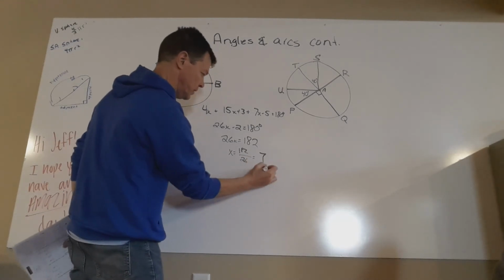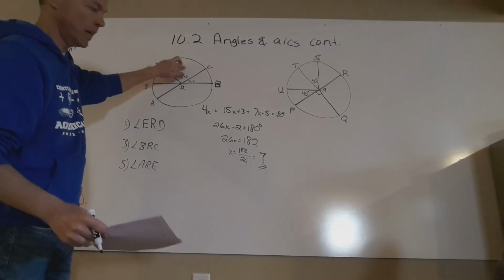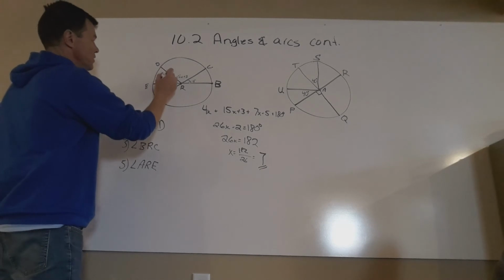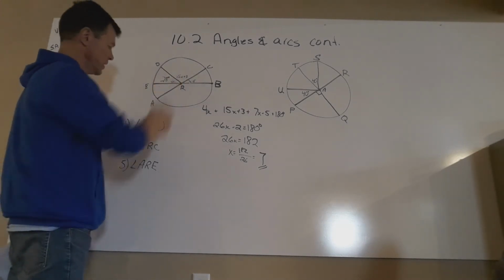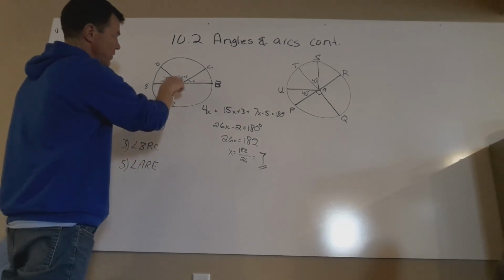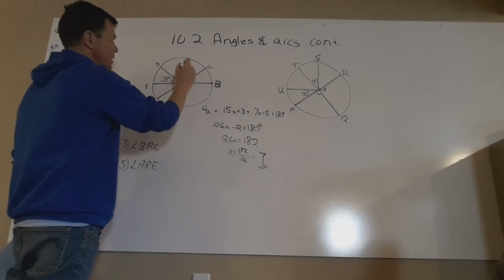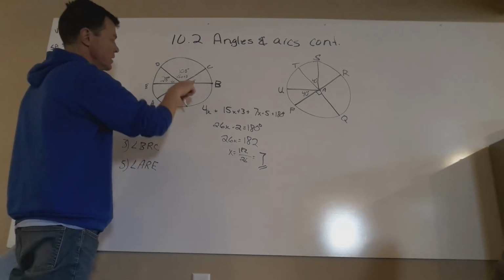X equals 7. All right, so plug in 7 and then we can calculate what each of these angle measures are. 4 times 7, that's 28 degrees. Fill all these in and it just makes your work so much easier. 15 times 7, 70 and 30, 105 plus 3 is 108 degrees.